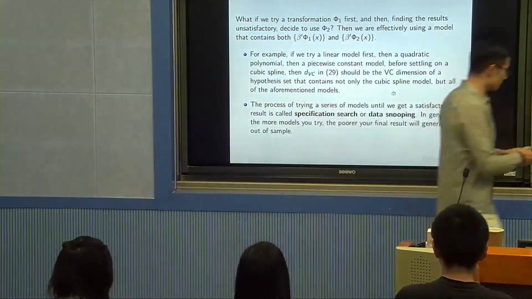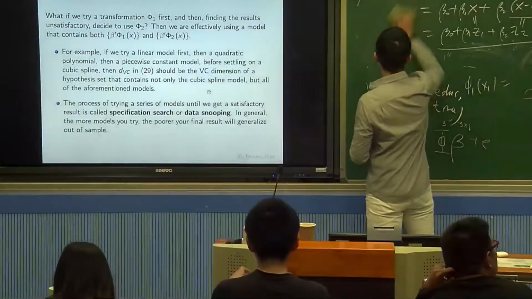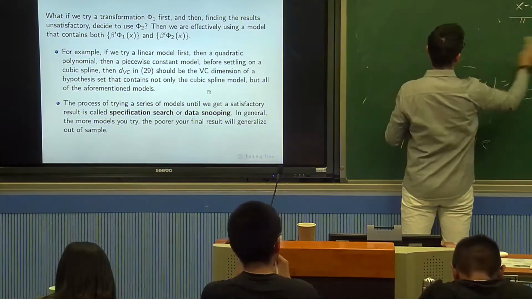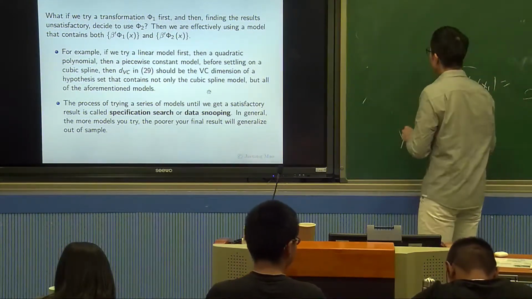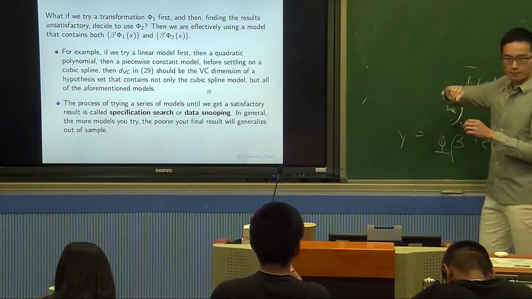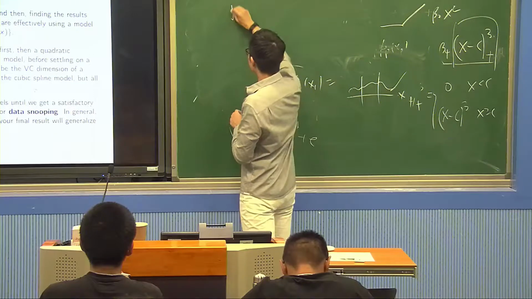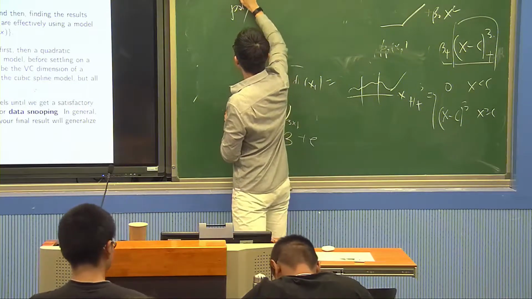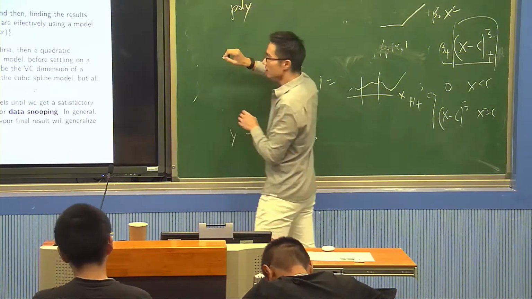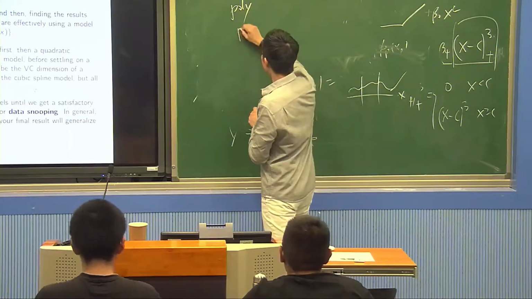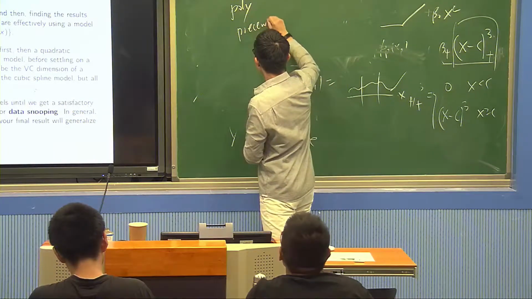Let's think about it. Suppose the person first tries a polynomial model, and then tries a piecewise constant.